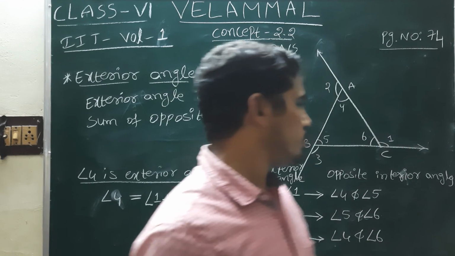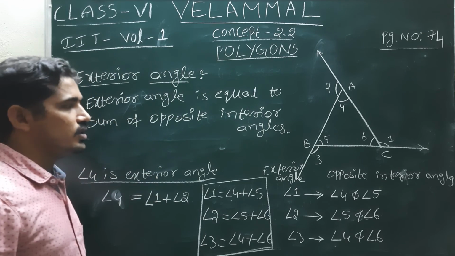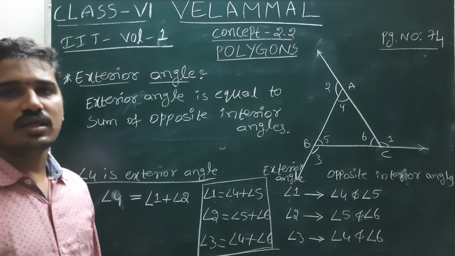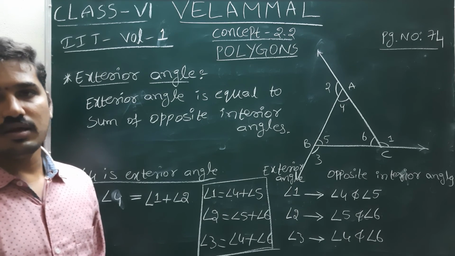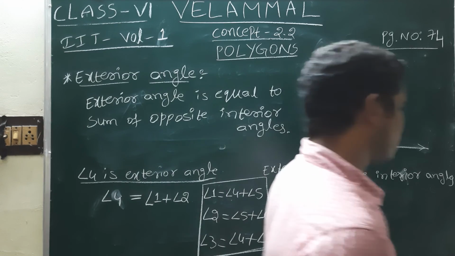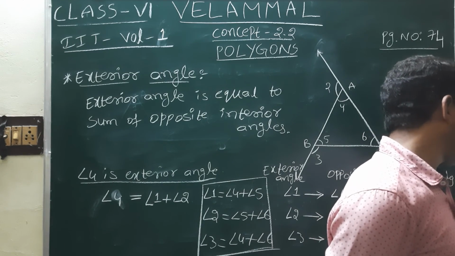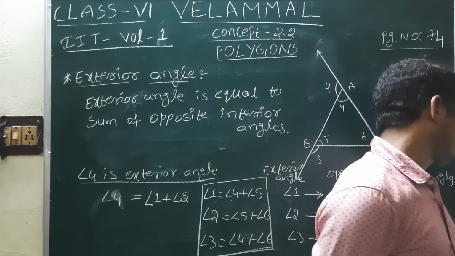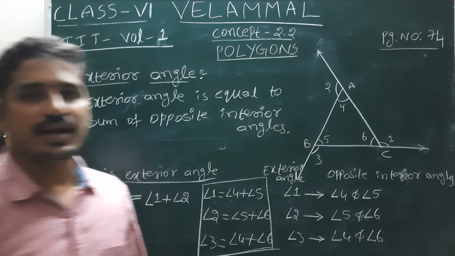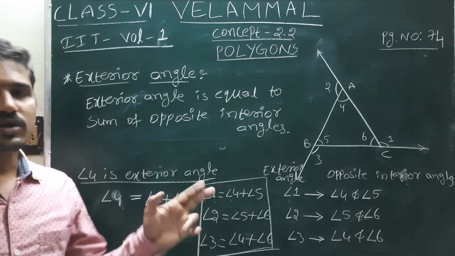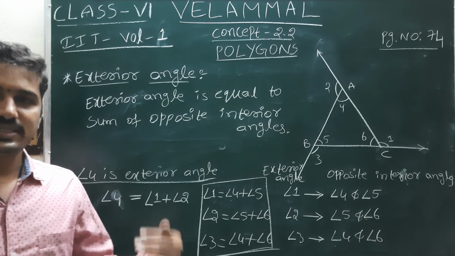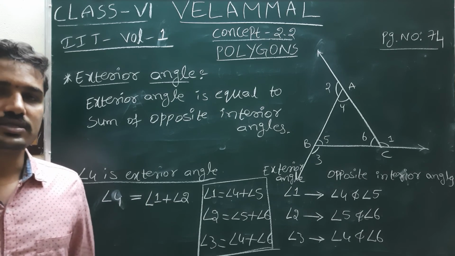Next, some more important points we have. A triangle cannot have more than one right angle and more than one obtuse angle. In a right angle triangle, one angle will be a right angle and the other two angles will be less than 90 degrees, that is, acute angles.